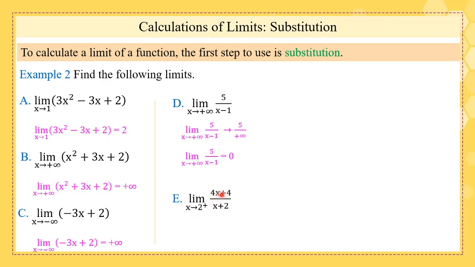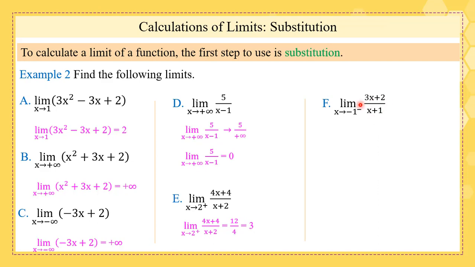We just replace x by 2, and we don't replace it by 2 plus. We replace it by exactly 2, and we see what happens. This becomes 8 plus 4, which is 12, over 2 plus 2, which is 4, and 12 over 4 is 3. Notice here that we remove the limit sign when we substitute and we get numbers.